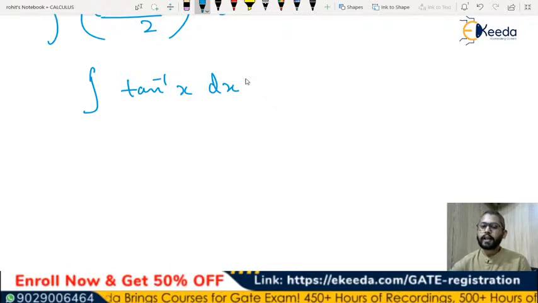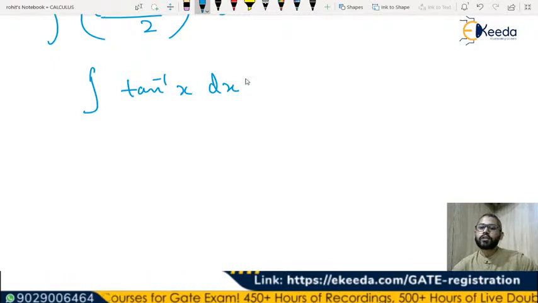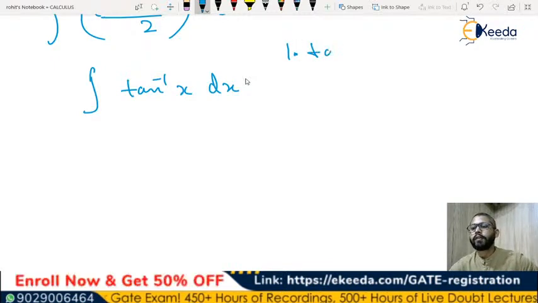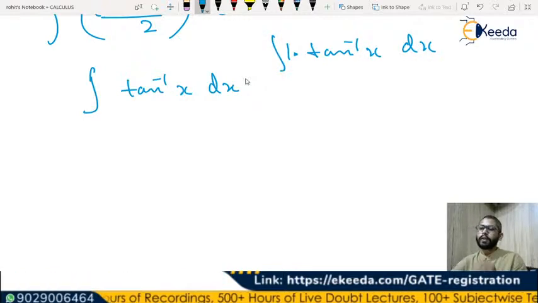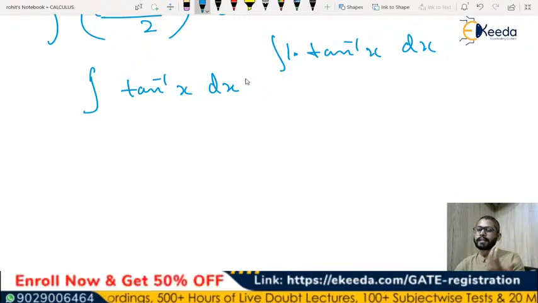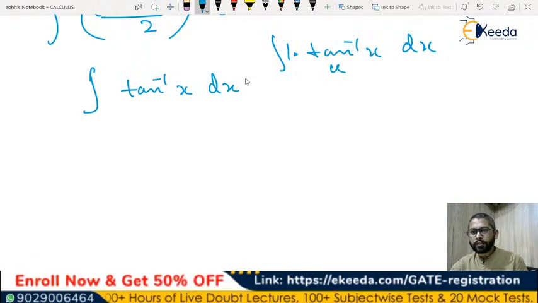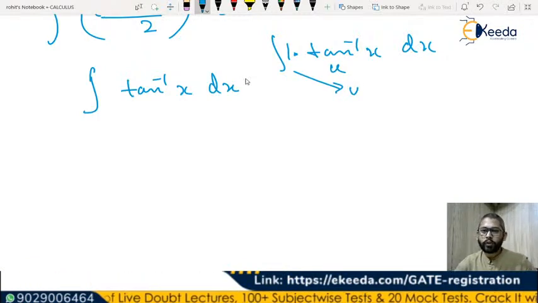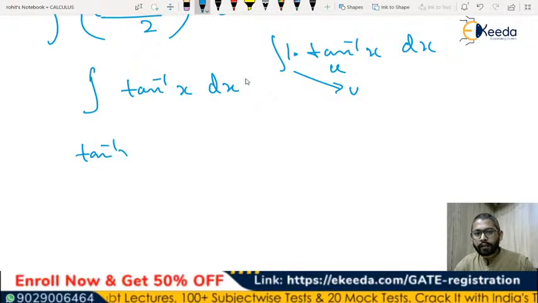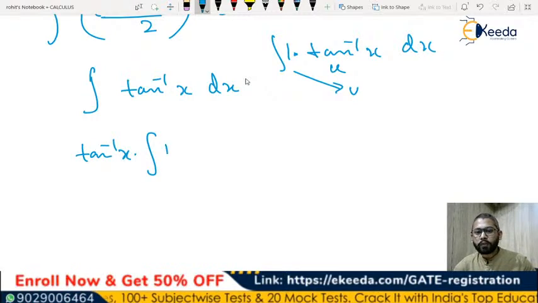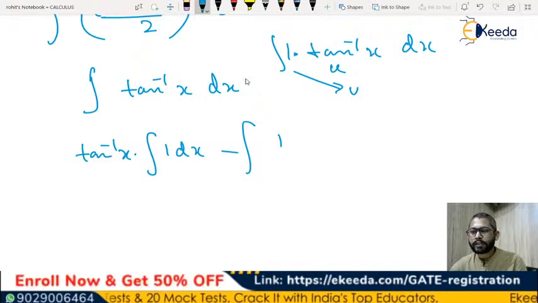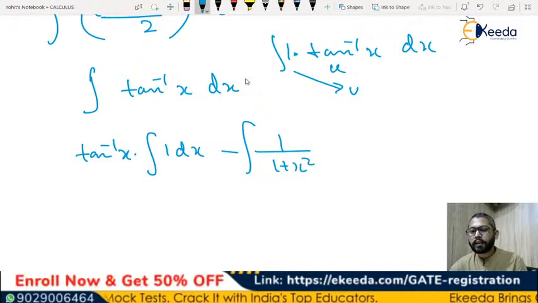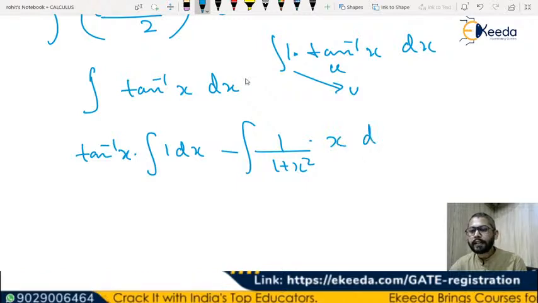Instead of tan inverse of x, you can write it as 1 into tan inverse of x dx. And you know that differentiation of tan inverse of x is known, so you can take this one as u and this one as v. So we will do tan inverse of x into integration of 1 dx, minus integration of the differentiation of tan inverse of x, which is 1 by 1 plus x square, and then x dx, like this.